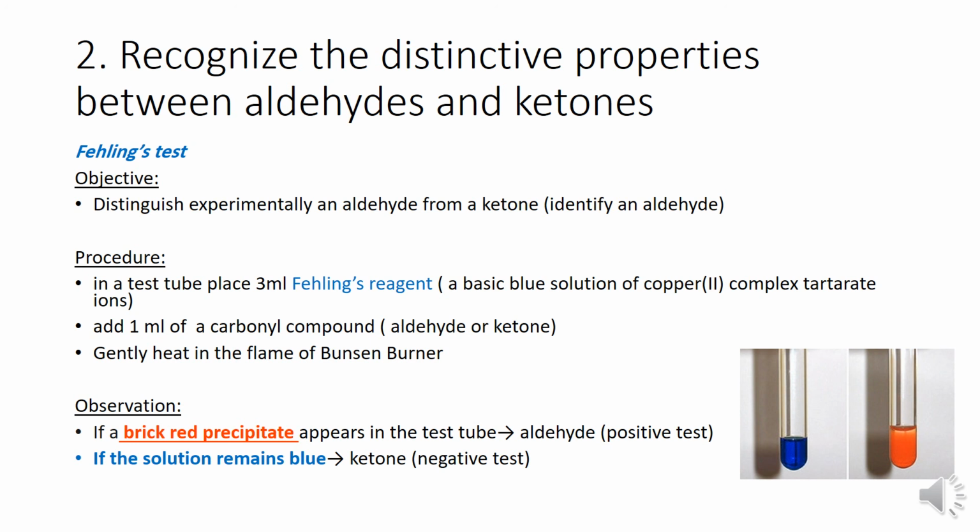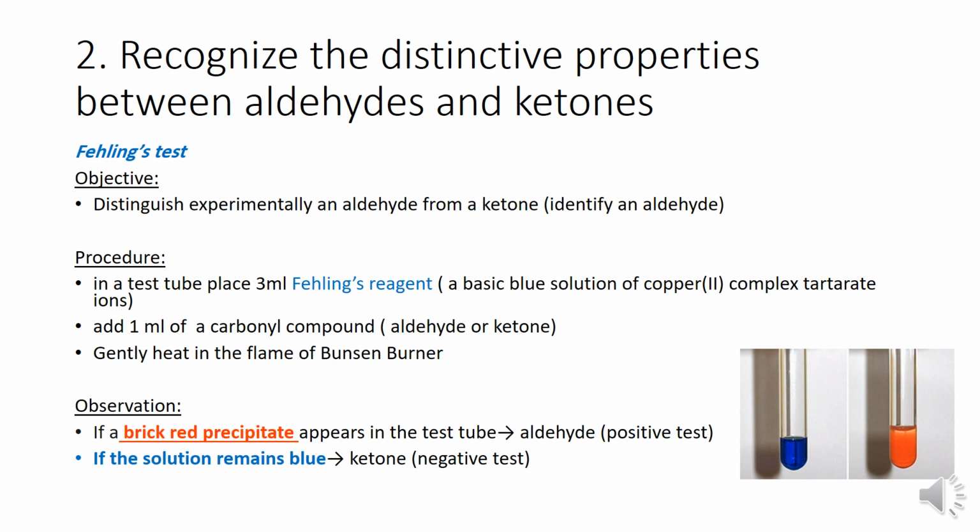So if the solution remains blue, it is ketone. If it changes to brick red precipitate, it is aldehyde. So here you have to memorize the colors, and don't forget these colors. The equations, as you see, you are not responsible for writing.